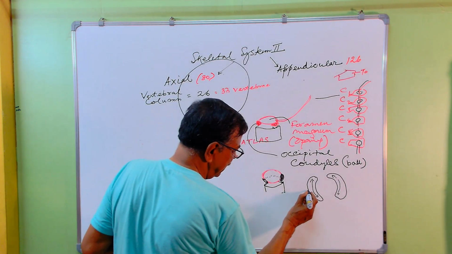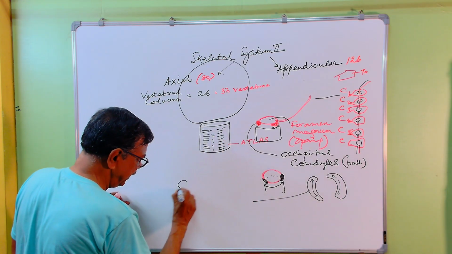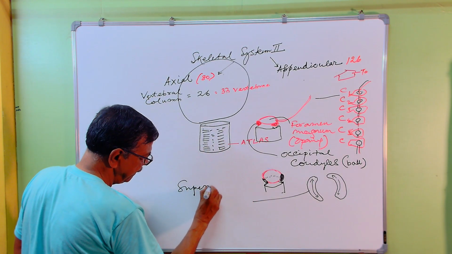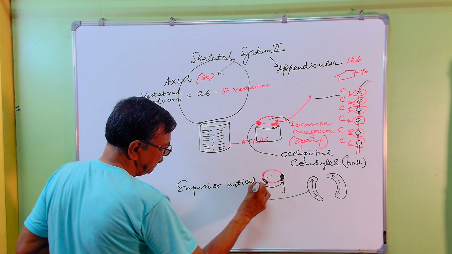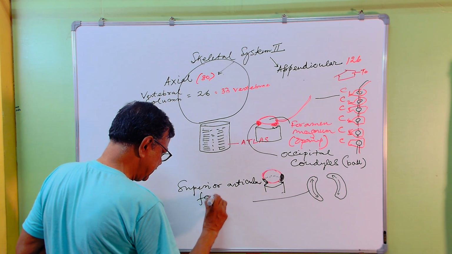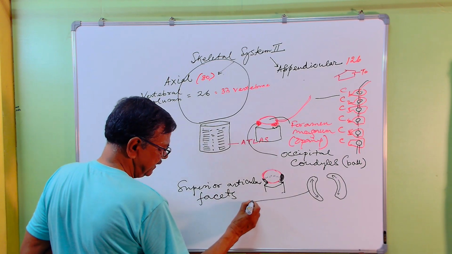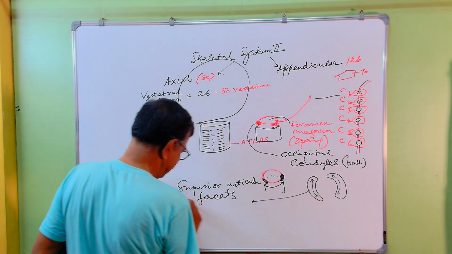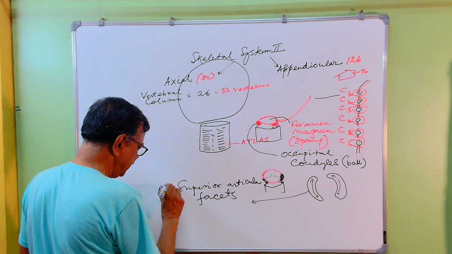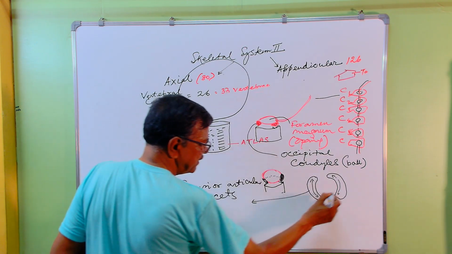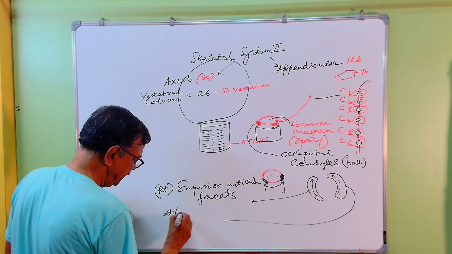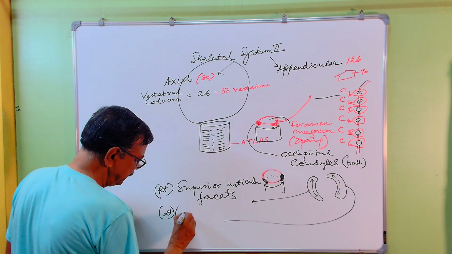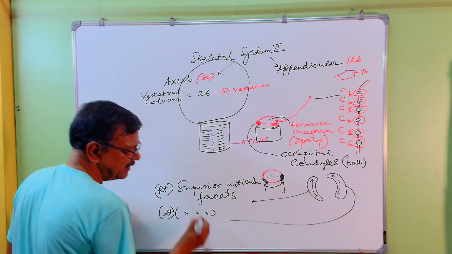Write it down: superior articular facets. This is on the right side, the right superior articular facets, and this is the left superior articular facets.